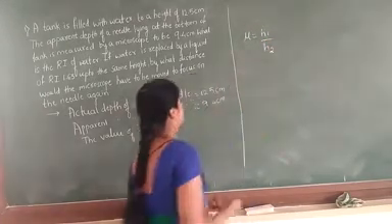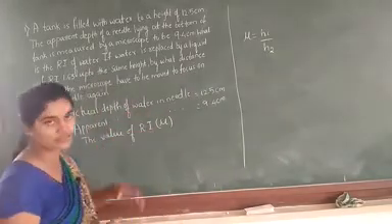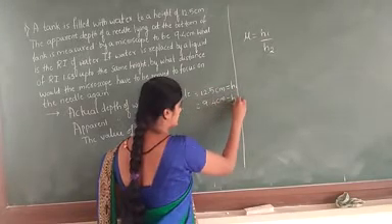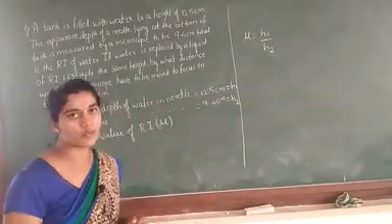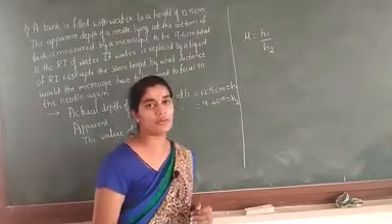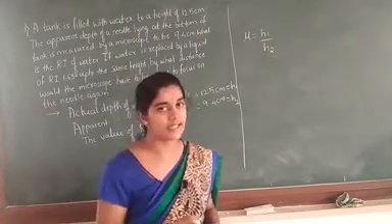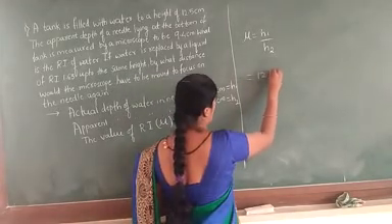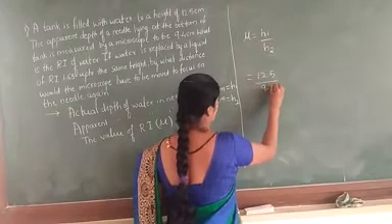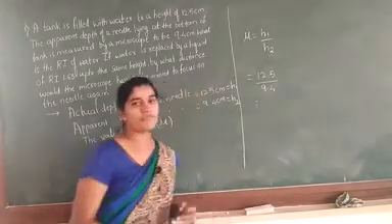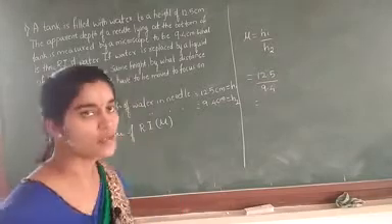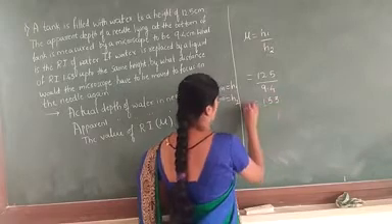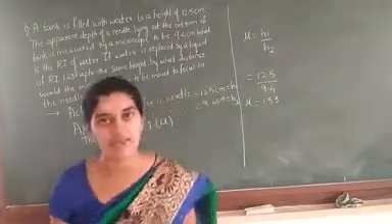Here H1 is the actual depth of the needle in the water, and H2 is the apparent depth. Put the values: H1 is 12.5 divided by 9.4. When we calculate, we get the answer as 1.33. This is the value of mu, that is the refractive index.